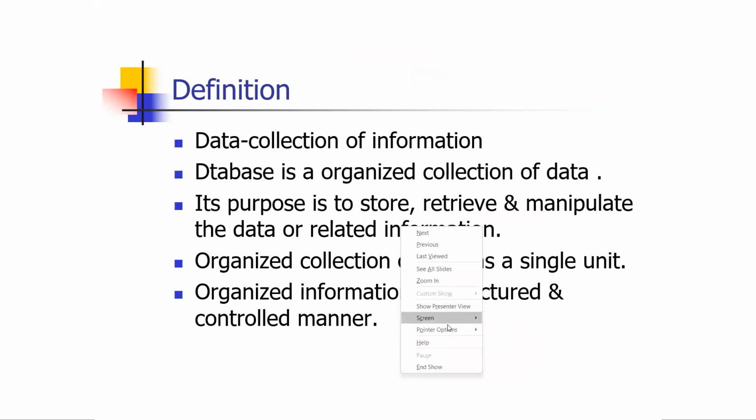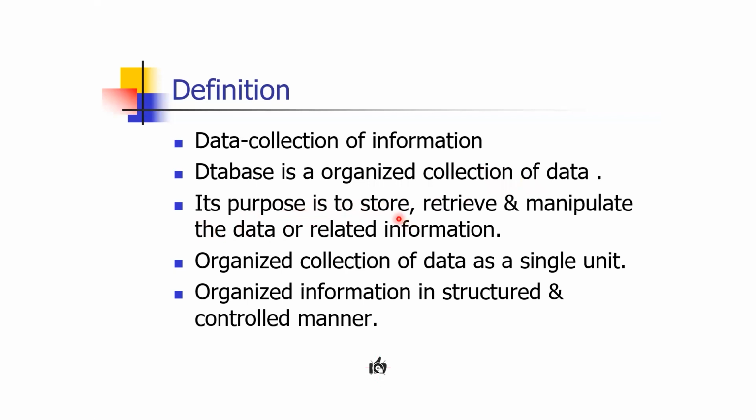So, definition wise, data is a collection of information. A database is an organized collection of information or data. Its purpose is to store, retrieve, and manipulate data or information.